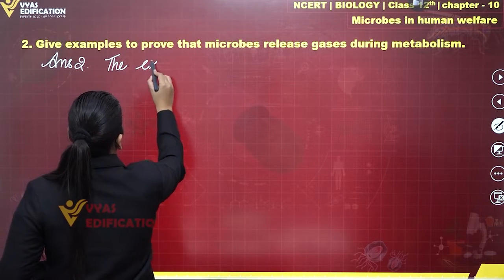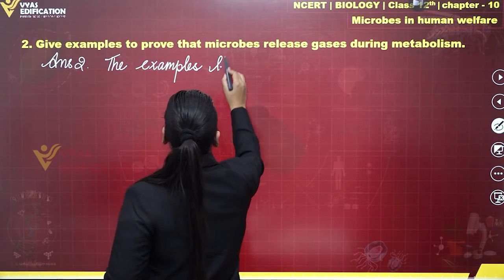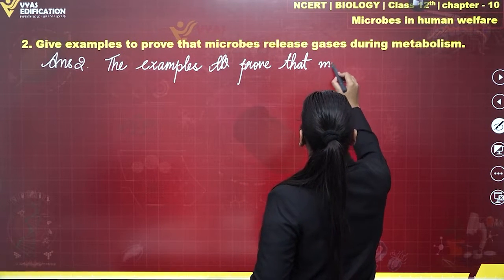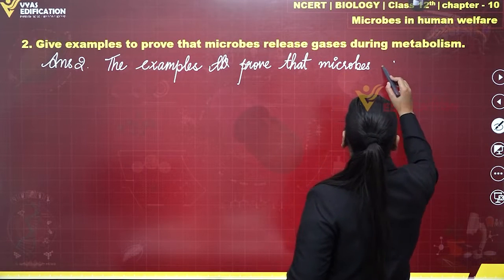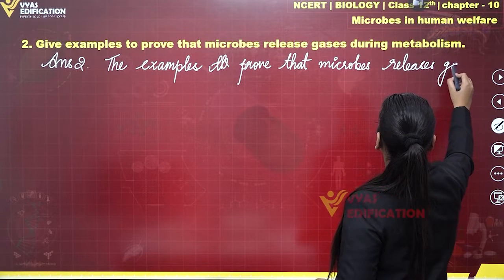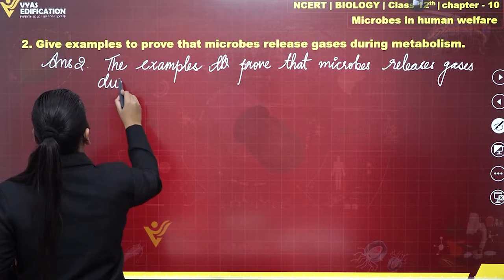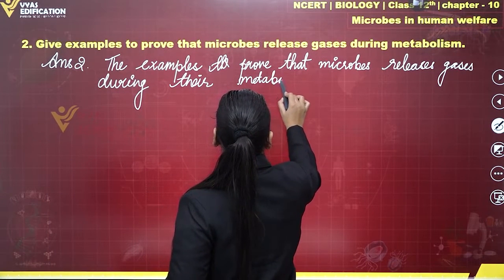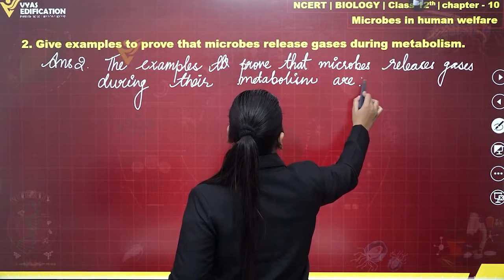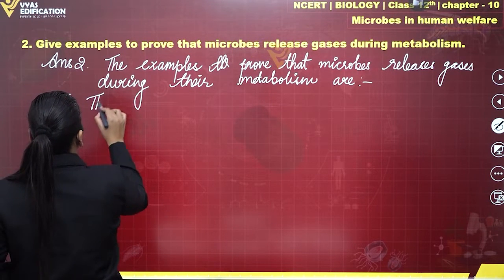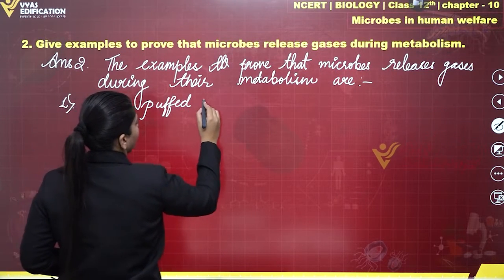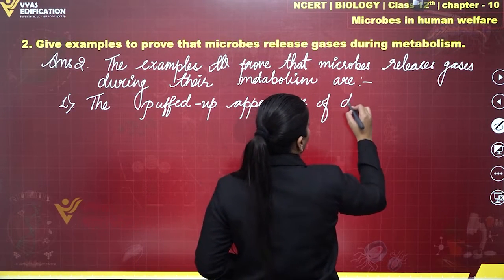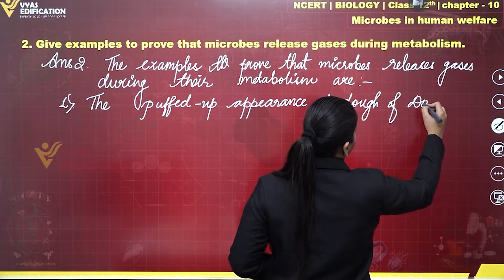The examples to prove that microbes release gases during their metabolism are: the first example is the puffed up appearance of dough of dosa or idli.